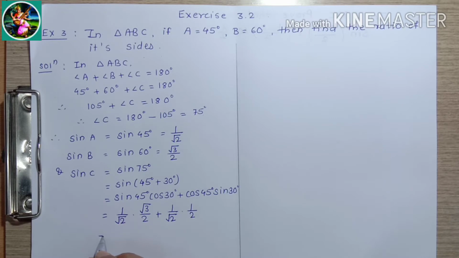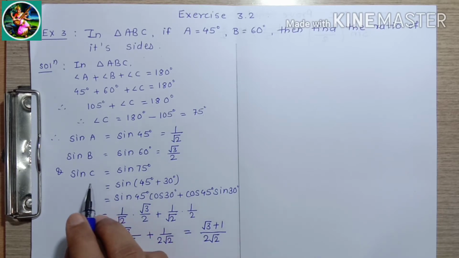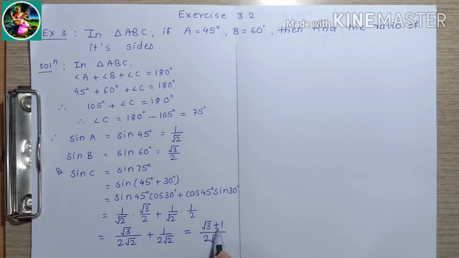That is equal to root 3 divided by 2 root 2 plus 1 upon 2 root 2, which is root 3 plus 1 divided by 2 root 2. Here we get the value of sine C as root 3 plus 1 divided by 2 root 2.